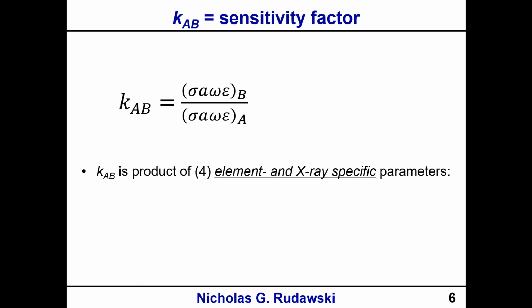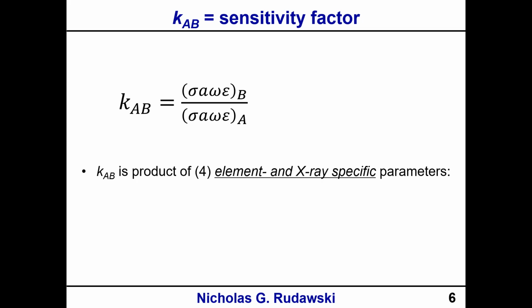Okay, so now we can return to this thing called the sensitivity factor, KAB. KAB, when you distill it down, is the quotient of two sigma A omega epsilon products.